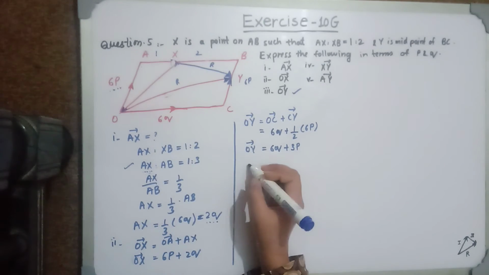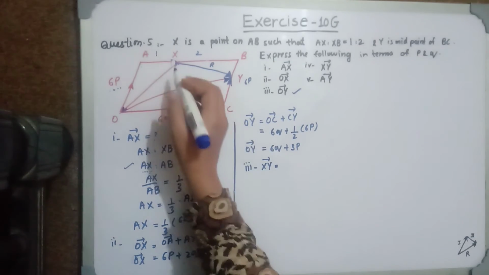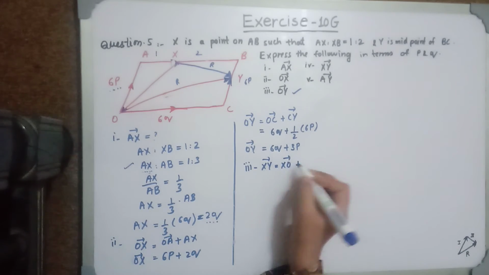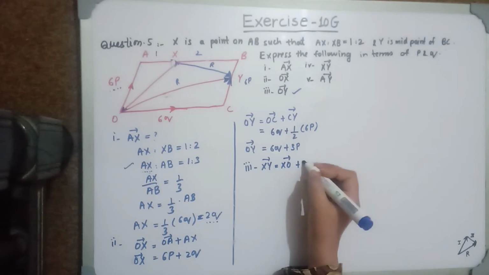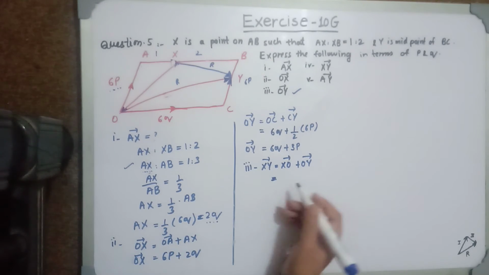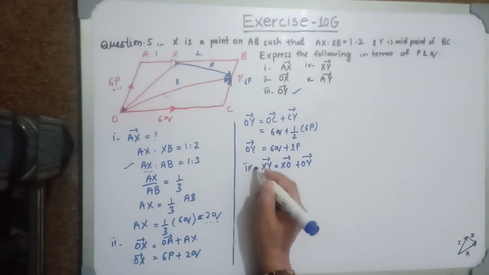So I'm going to write that XY is equal to XO plus OY. Now look at this very carefully.